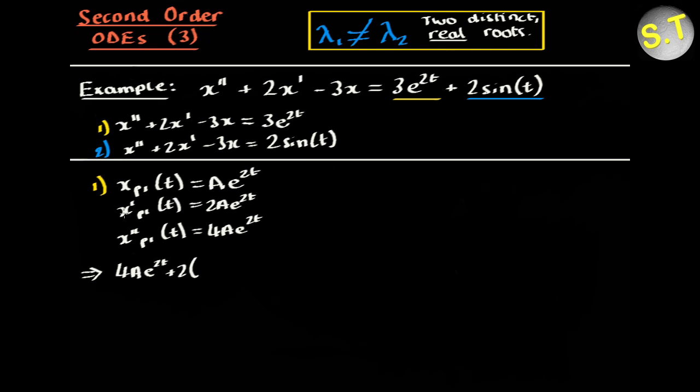Our particular solution of the first derivative was 2a e to the 2t, so we have 2a e to the 2t, minus 3x. Our particular solution for x was a e to the 2t, so we have minus 3a e to the 2t is equal to still 3e to the 2t here.